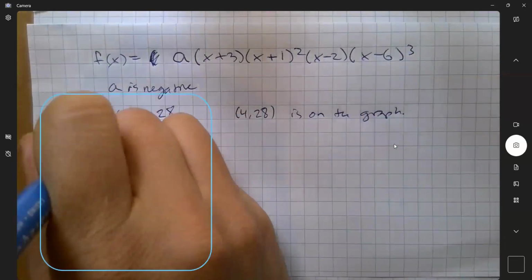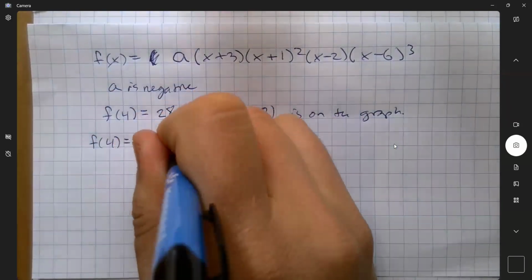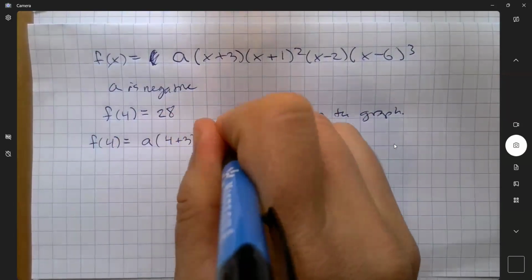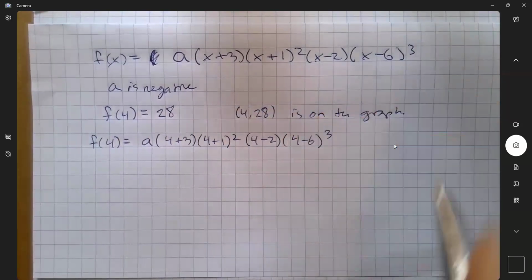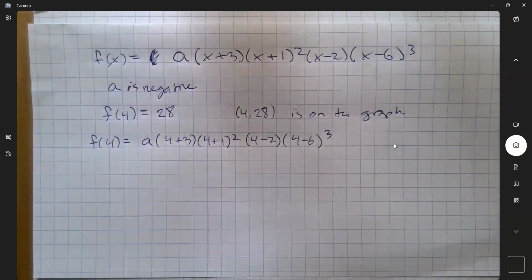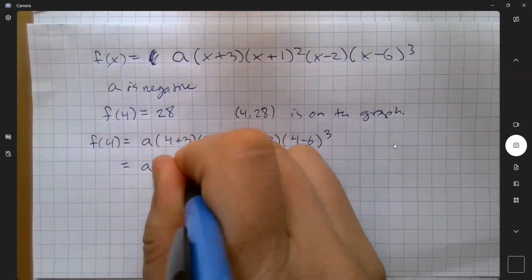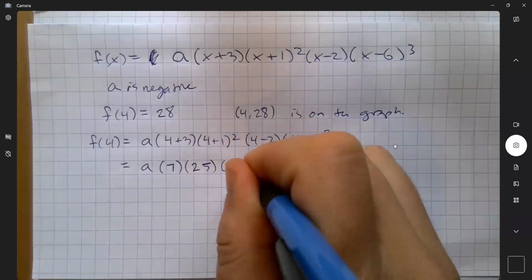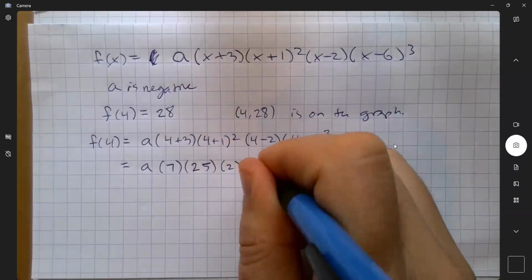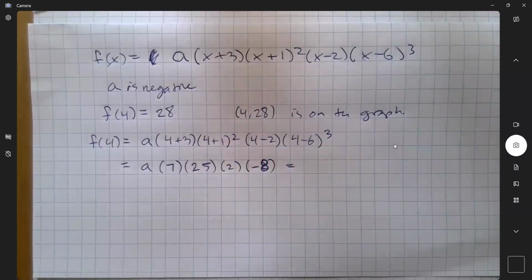So let's do it. Let's find f of 4. That's a times 4 plus 3 times 4 plus 1 quantity squared times 4 minus 2 times 4 minus 6 cubed. Yep. Which is a times 7 times, that's 5 squared, so times 25 times 2. 4 minus 6 is negative 2, and when I cube it, I get negative 8. And we'll use our calculators, because why not?